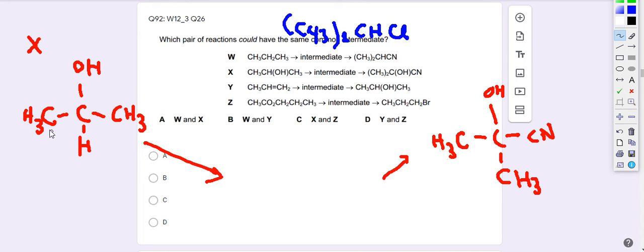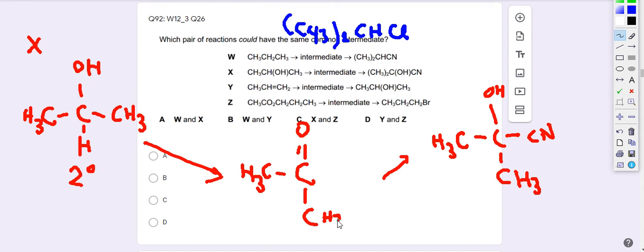Now I look at X. X is a secondary alcohol. That means my intermediate will be a ketone, which makes sense because after this we get hydroxynitrile. The ketone will react with HCN in the presence of NaCN.